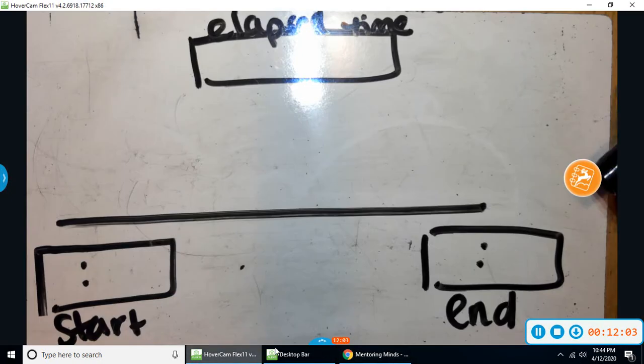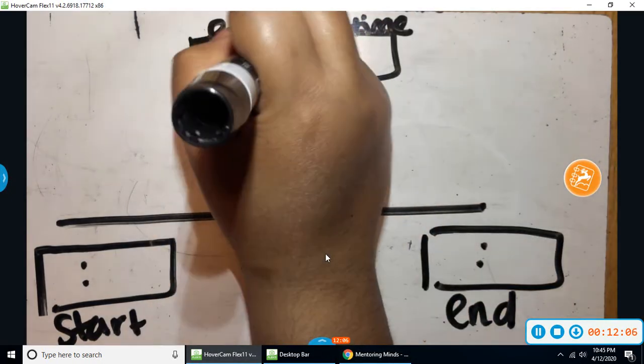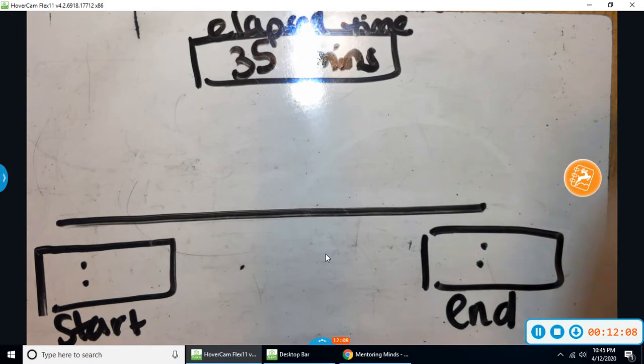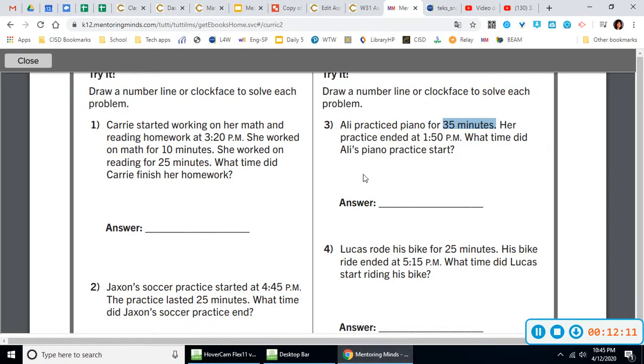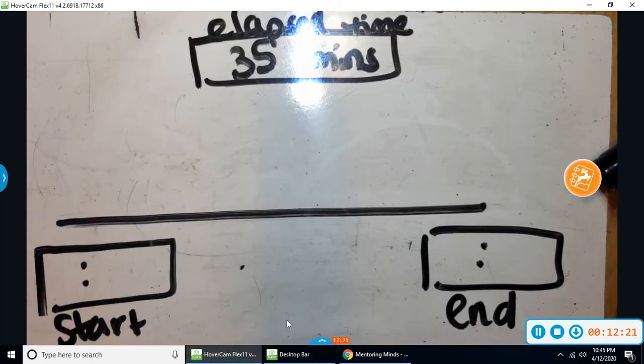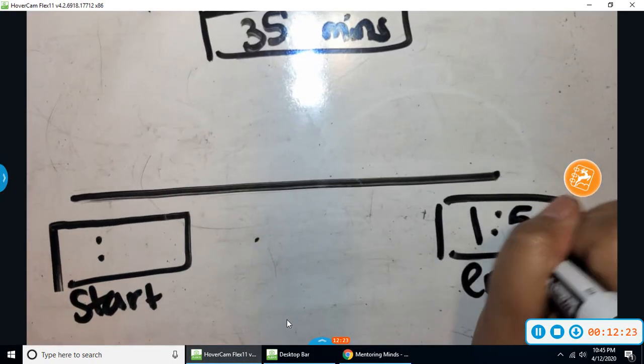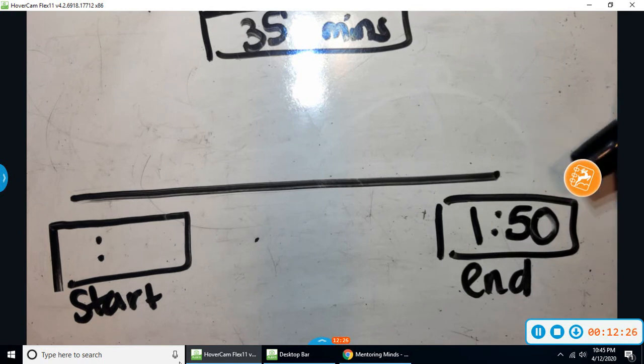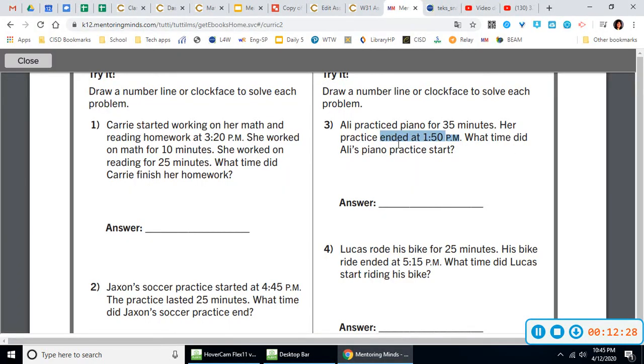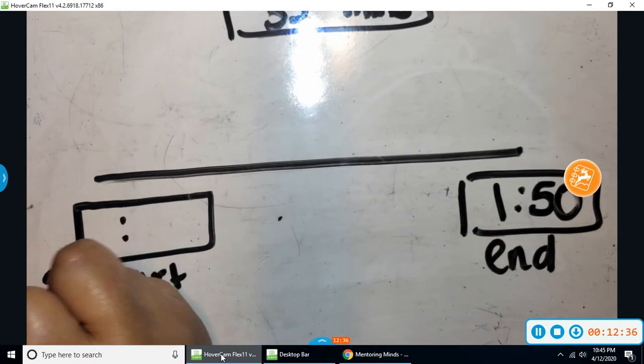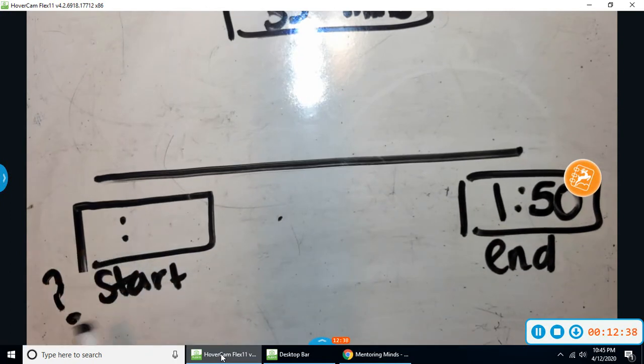That's my elapsed time, because my units are minutes. Her practice ended at 1:50. Okay, so here's my keyword, ended. So that means I'm going to put 1:50 over on the end side. And what time did her piano practice start? So I'm going to put that question mark over here. That's what I'm going to try to determine.